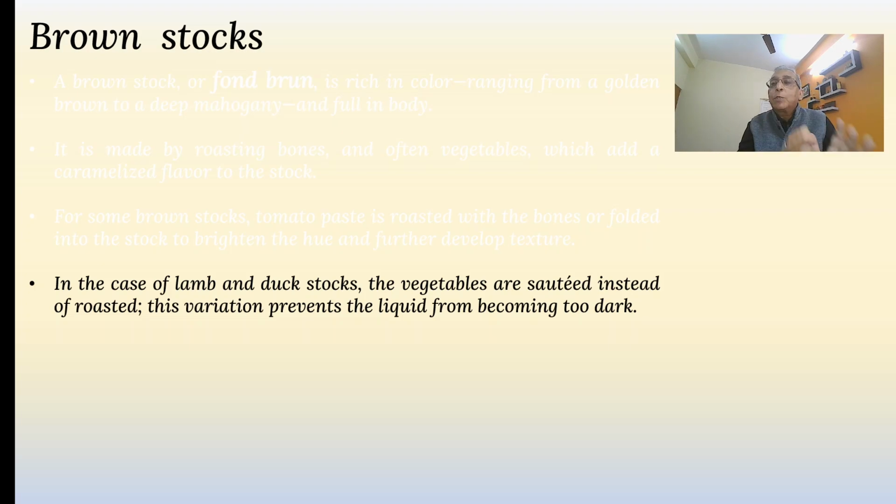If you roast the vegetables, by the time the lamb and duck bones are caramelized, those vegetables will be overcolored or burnt. Just to prevent that, especially for lamb and duck stock, saute the vegetables and add them along with the bones, instead of roasting the vegetables.